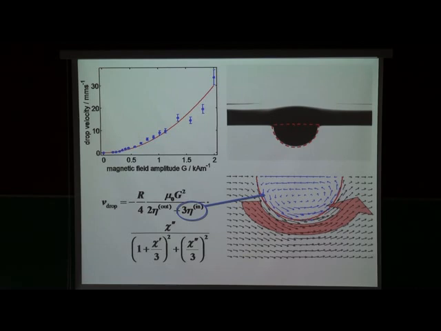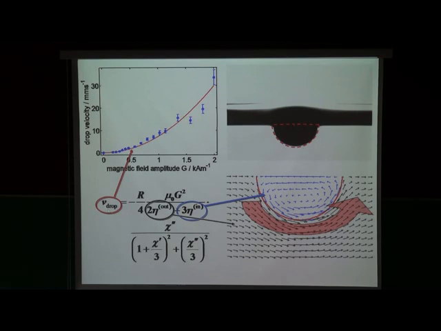So now the outcome of this analytical model is also a macroscopic model. You need here the viscosity of the drop of the ferrofluid, and you need the viscosity of the underlying fluid, the supporting fluid, and then of course you need the complex susceptibilities, and then you are getting the drop velocity.